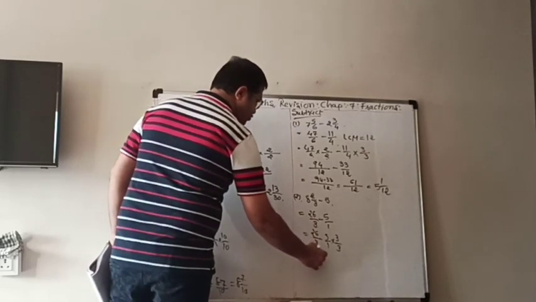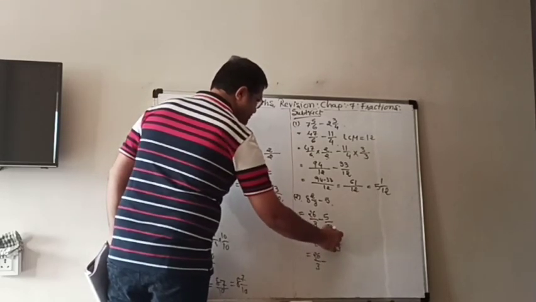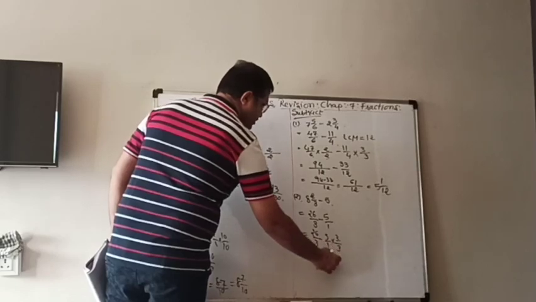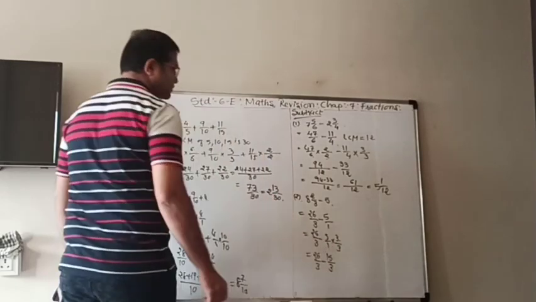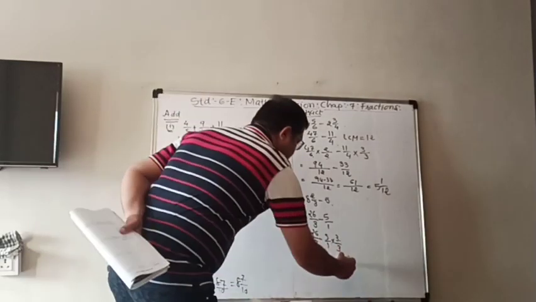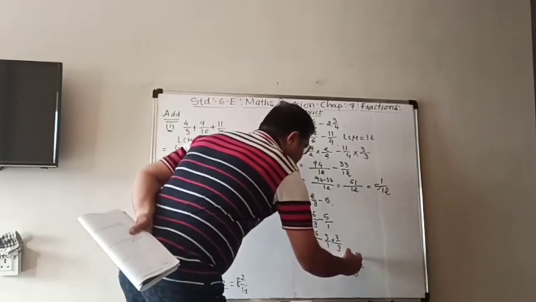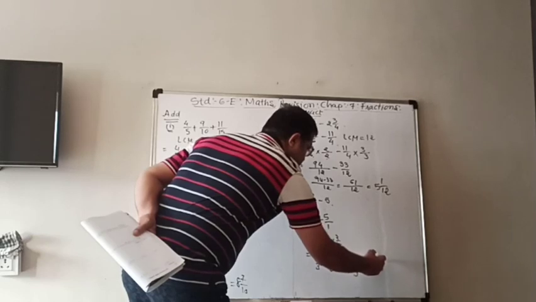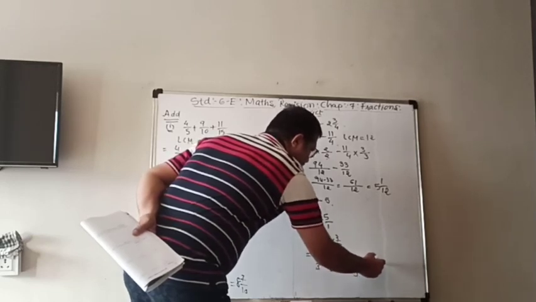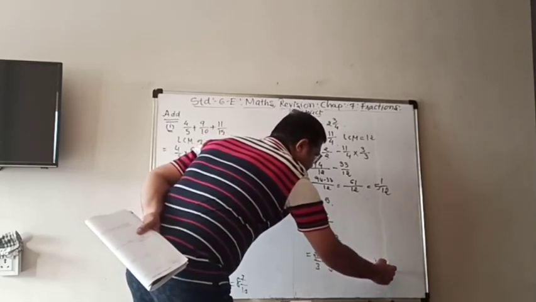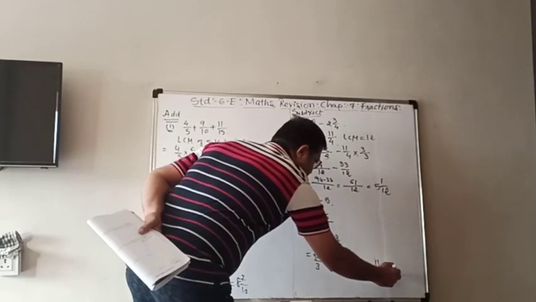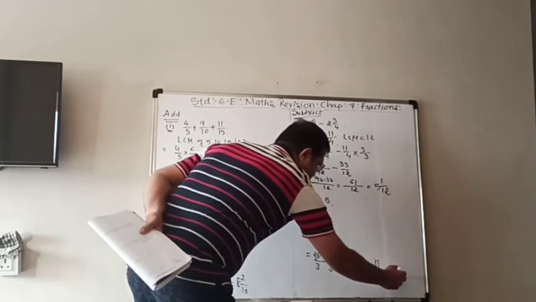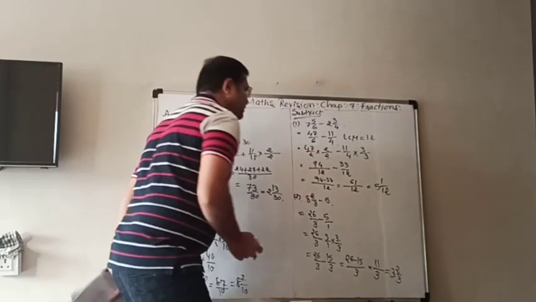So it is equal to 26 upon 3 minus 5 3s are 15 upon 3. 26 minus 15, 11 upon 3. 3 3s are 9. 2 remainder, integer 2 upon 3.